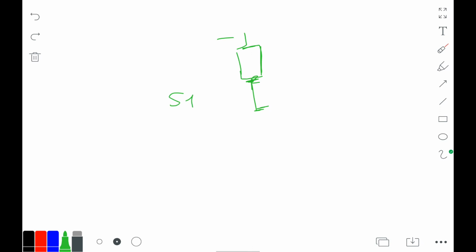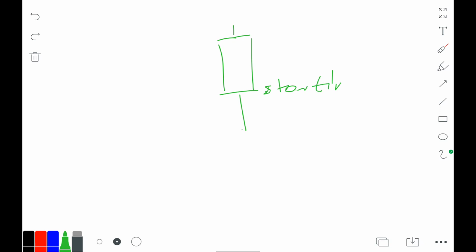The sellers were stronger. Okay, let me just redraw it properly again. I hope you can see it like that. So now this candle started here. This is the starting point. From this starting point, it goes down and down and down.